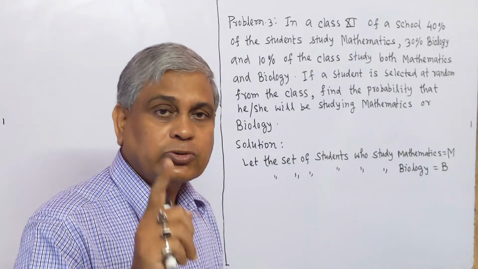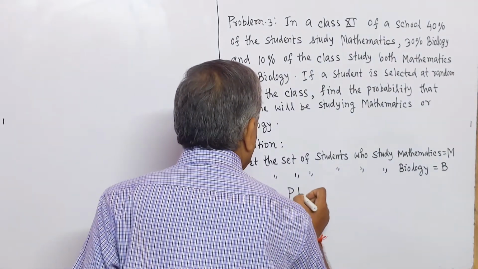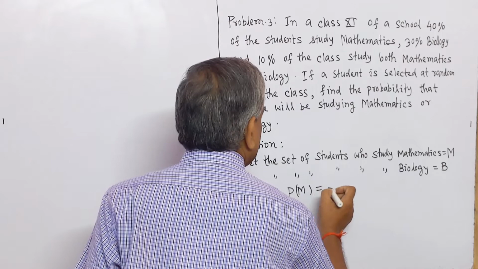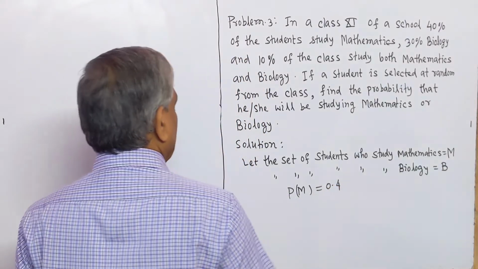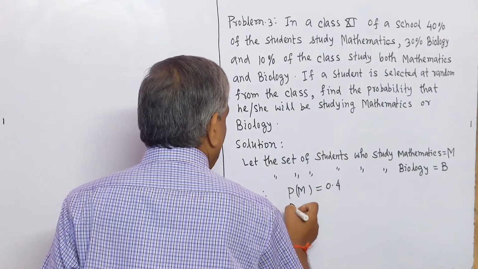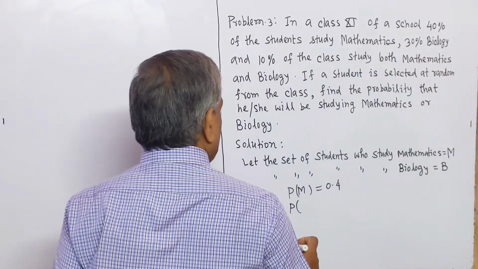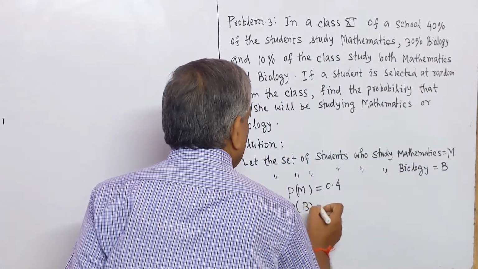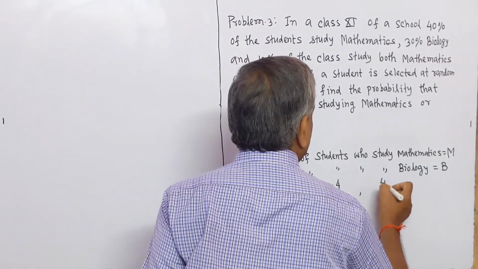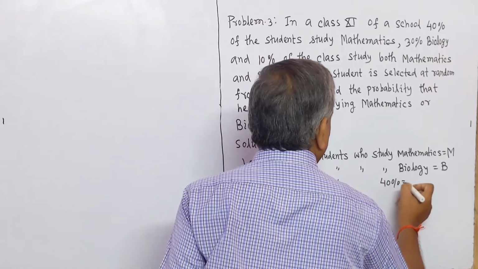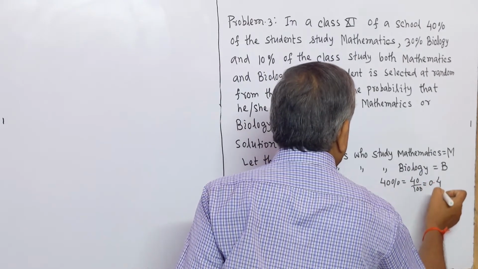Therefore, probability to select a mathematics student is 40%, means 0.4. Probability of selecting a biology student is 0.3, because 40% means 40 by 100, that means 0.4.